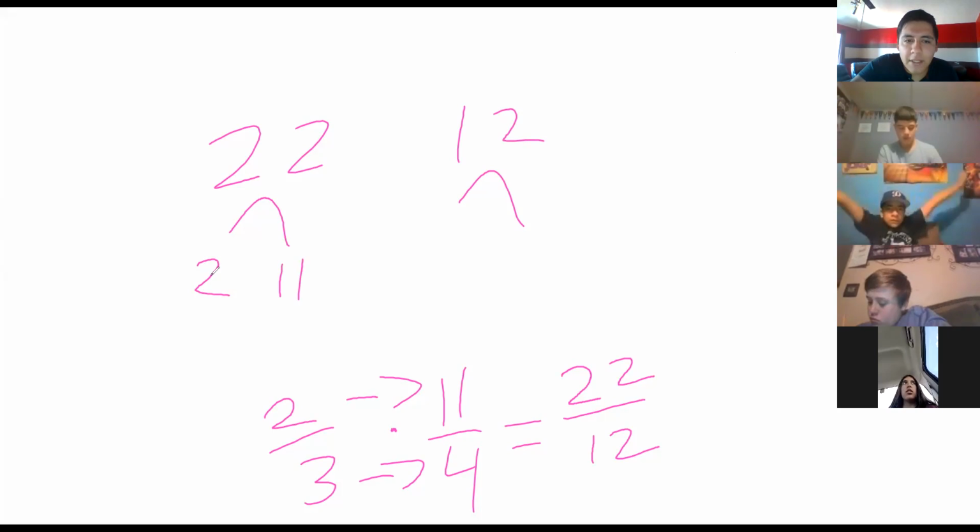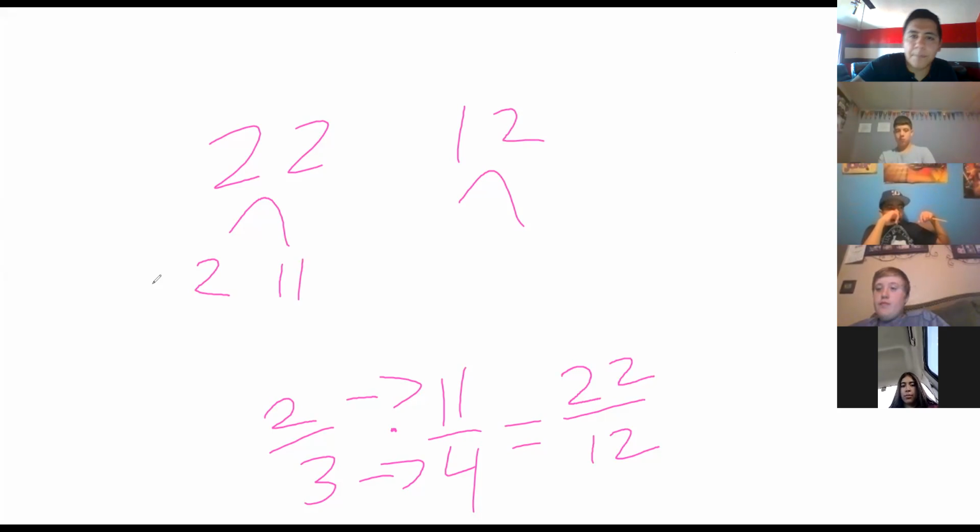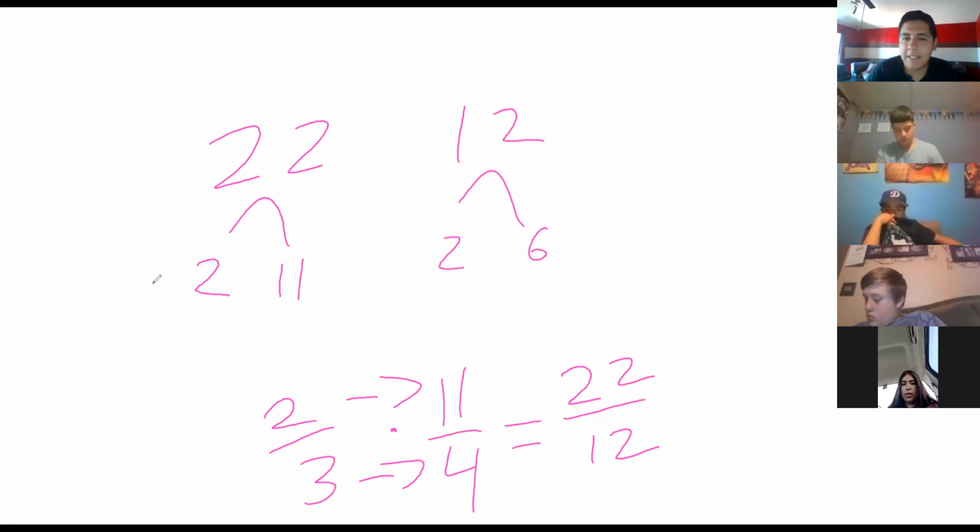Now 2 and 11 are both prime numbers, so that's as far as we can go. So we just leave it like that. Now what about 12? That's also an even number. So let's divide 12 by 2. That's 6. Can we divide 6 again by 2? Yes. So 2 and 3.